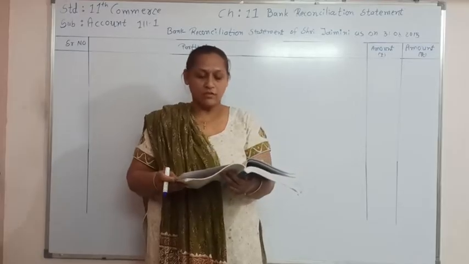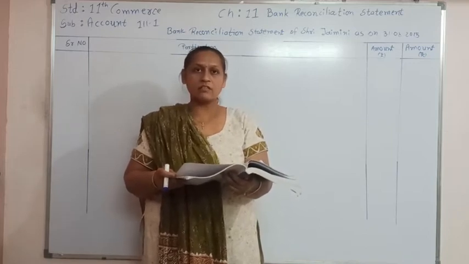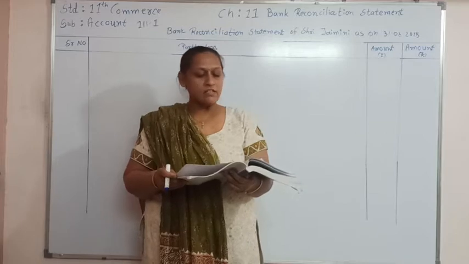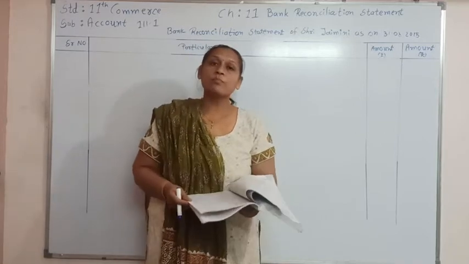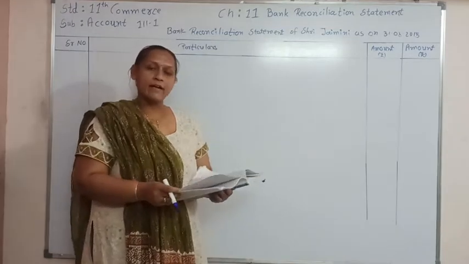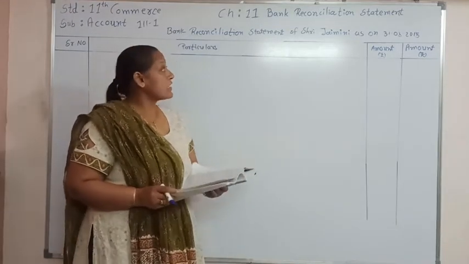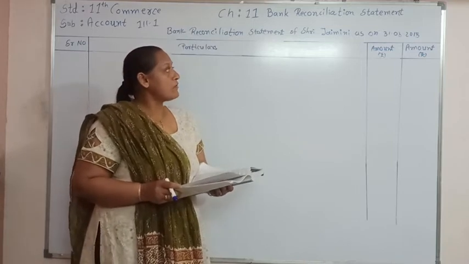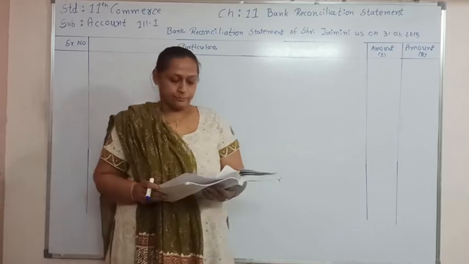From the following transactions, prepare the bank reconciliation statement of Sri Jaimini as on 31st March 2015. Here we are going to prepare the BRS as per the headless method, also called the mathematical method.